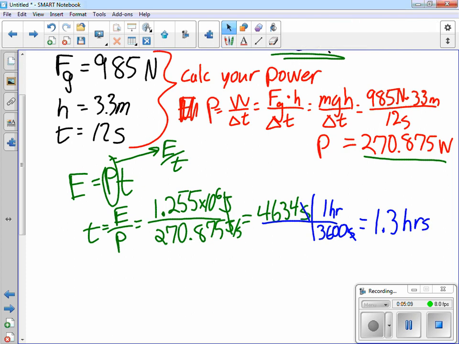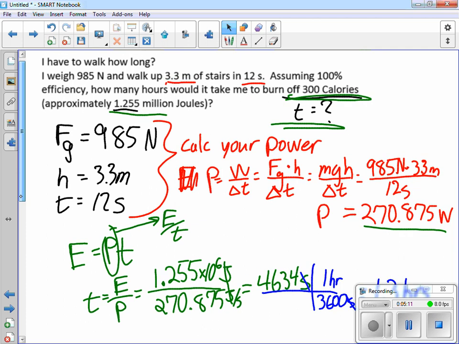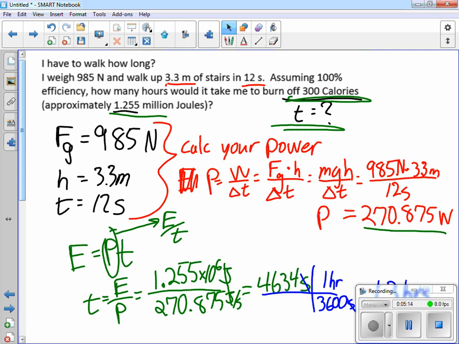So, not to give you issues about how much you're eating, just make sure you eat healthily, but if you eat a 300 calorie bit of food, and you really want to burn off all that food, that's over an hour of stair climbing. No one wants that. At least not this guy.